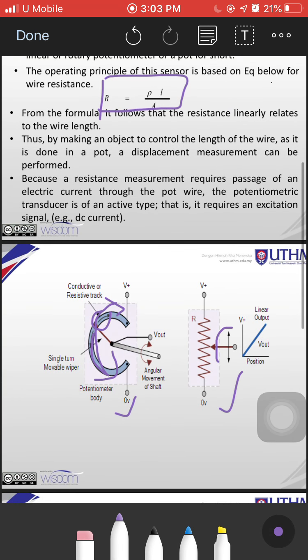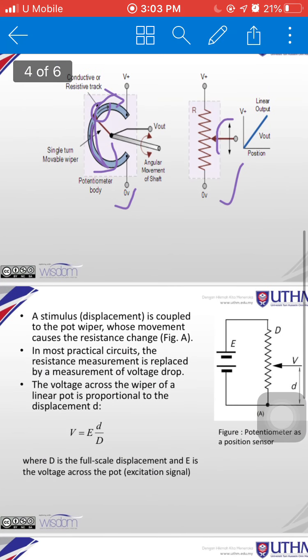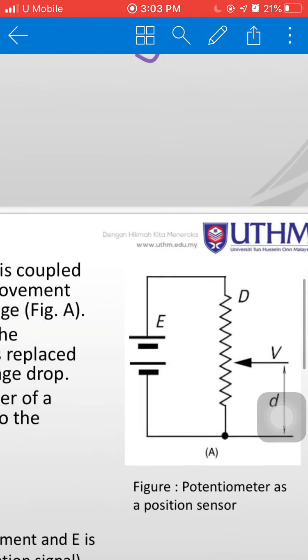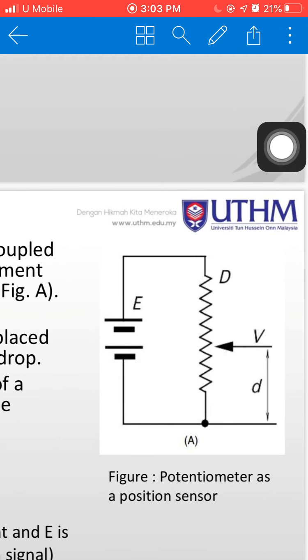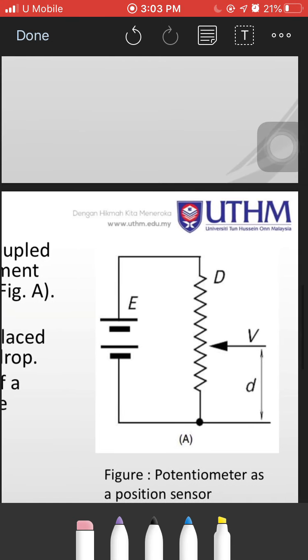Next, how do we measure displacement using the potentiometer? It's quite easy. If you remember how to calculate a voltage divider, this is most likely like a voltage divider circuit. If you look at the figure, we apply a DC reference voltage across the two outer fixed connections forming the resistive element.